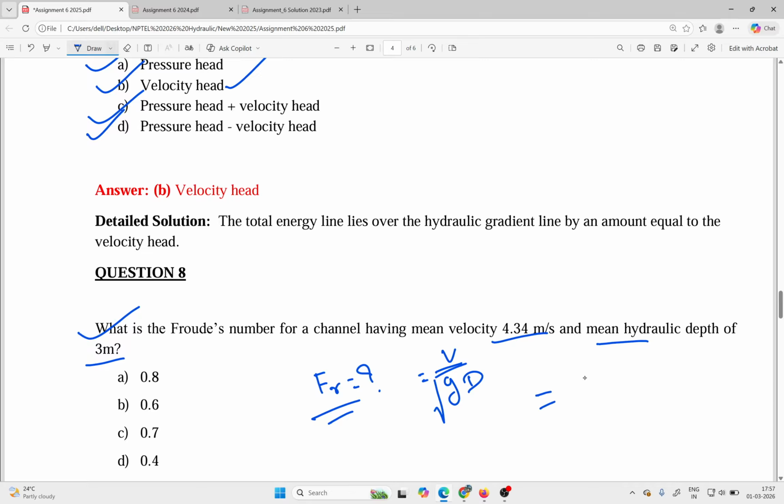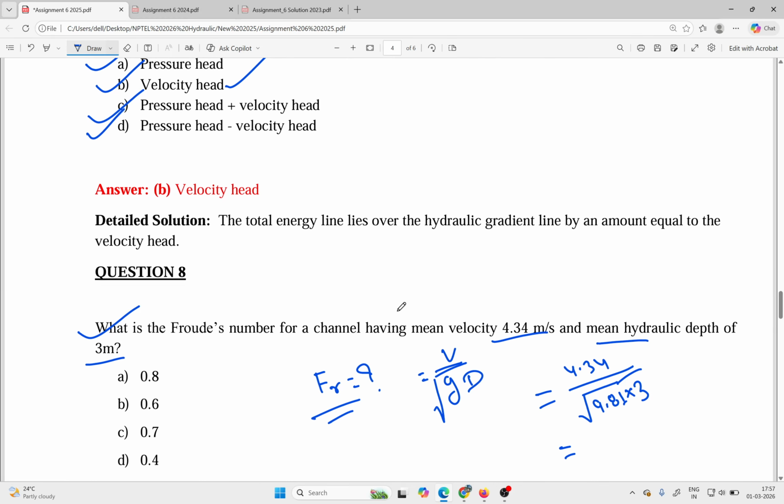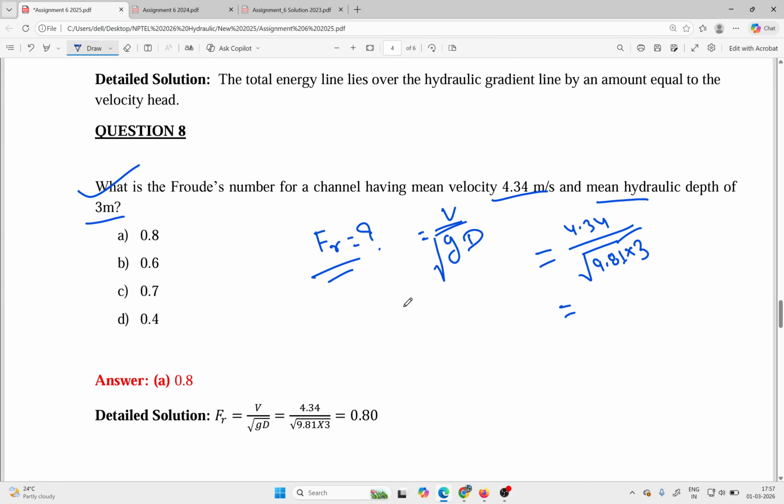So velocity is given 4.34 divided by root of 9.81 into depth given 3 meter. Only a simple calculation. After the calculation you will get, let me see the final calculation, yes, you have 0.8, that is A option is correct. For question number 8, option A is correct here. Now we'll move on to the next one.